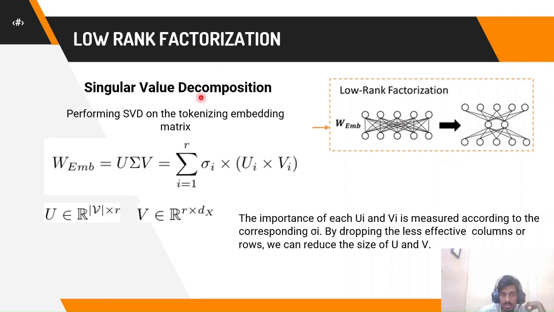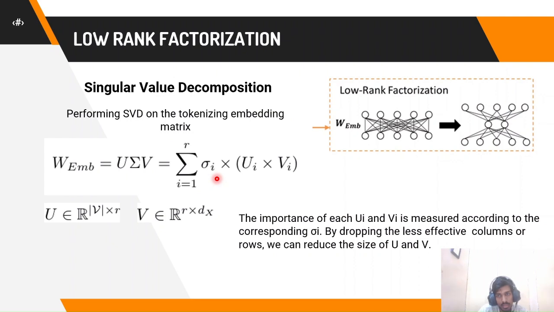So we are performing singular value decomposition on it, and we are getting a multiplication of three matrices. Now sigma in between here is a diagonal matrix, and the diagonal entries are the eigenvalues, the sigma i's, and the value of sigma i represents the importance of that column in the matrix.